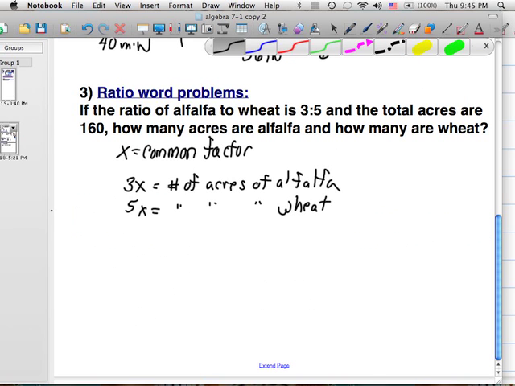And together, the 3x and the 5x have to total 160 acres. So if I add those together, I get 8x equals 160.